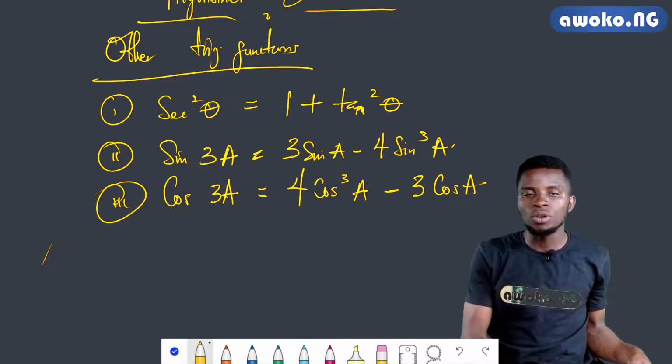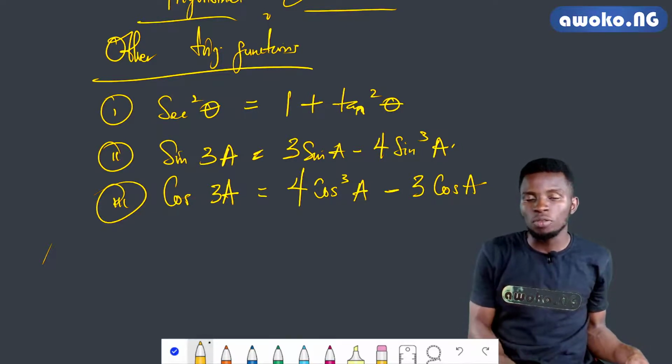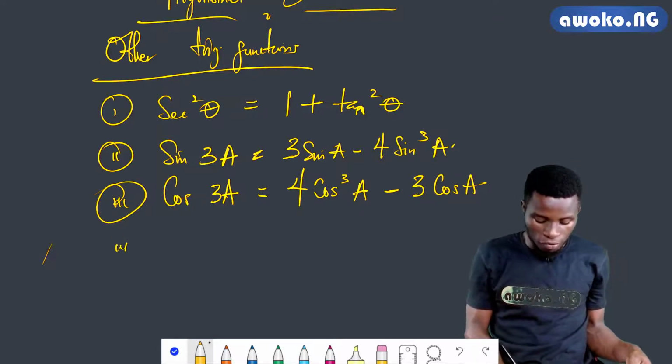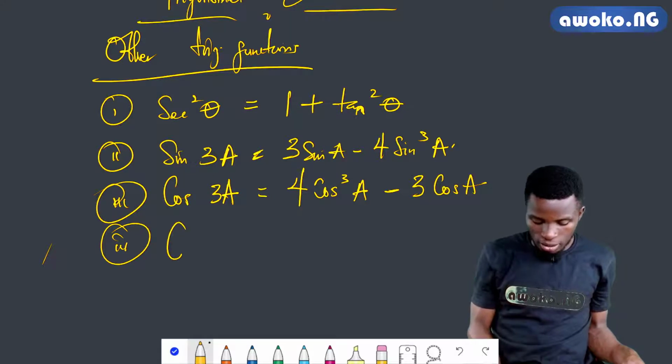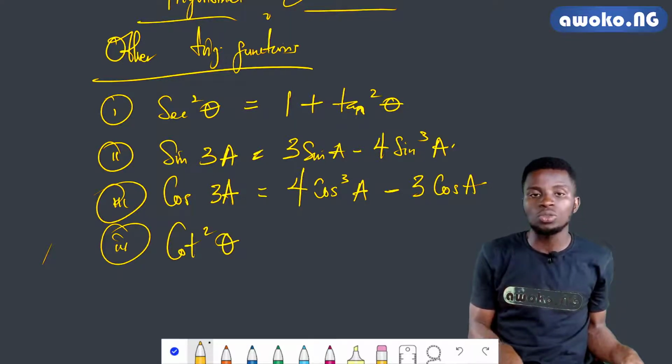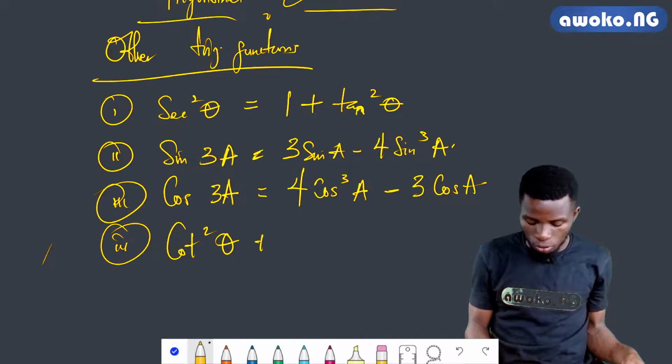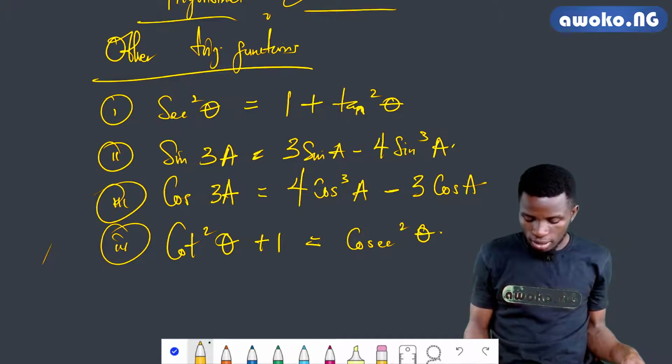But for your level, we'll just consider the trigonometric functions as they've been solved for us. It's the applications that we need now. So the fourth one is cot square theta. Remember what cot is? Cot is equal to 1 over tan theta. So cot square theta plus 1 equals cosec square theta.